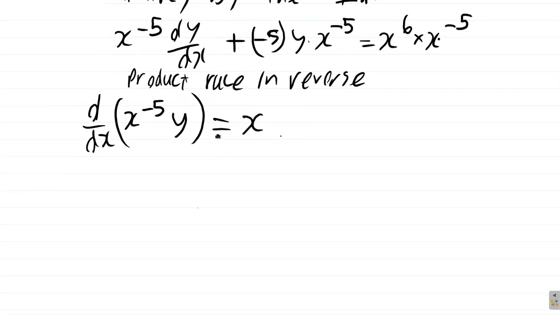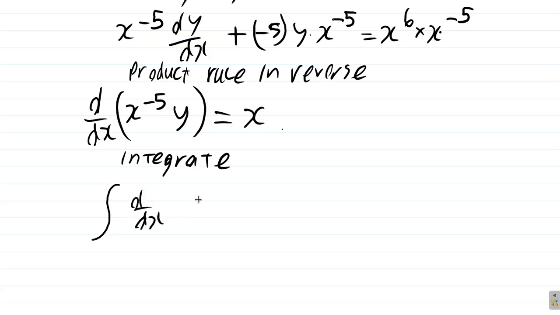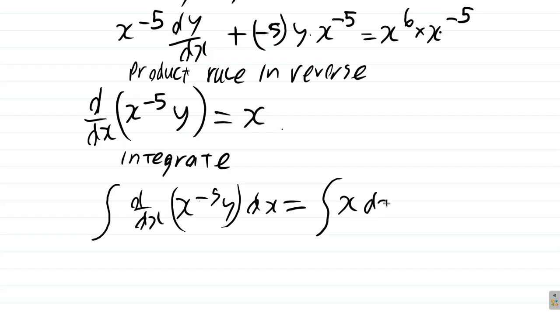After that, you integrate. So you have the integral of d by dx of x to the negative 5y with respect to x equals the integral of x with respect to x.